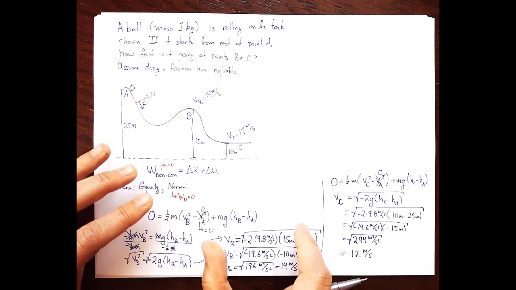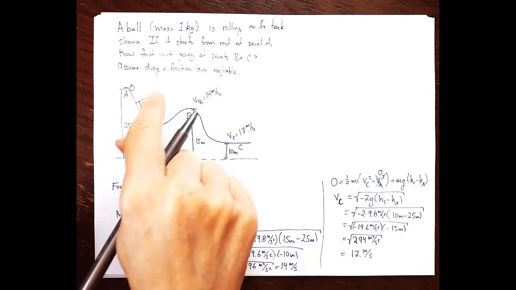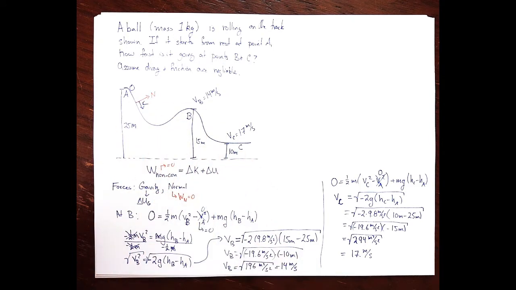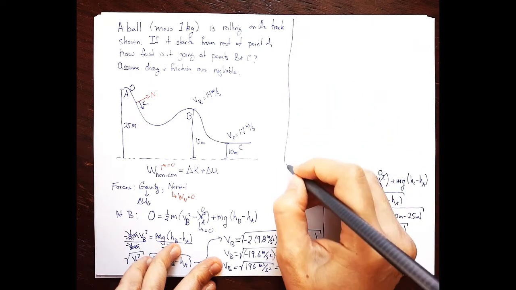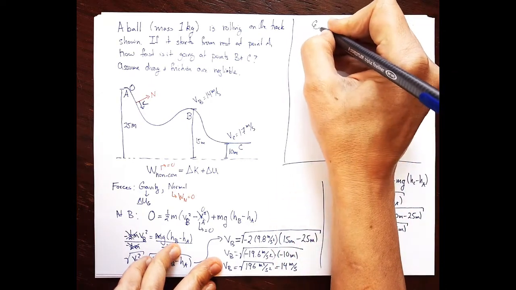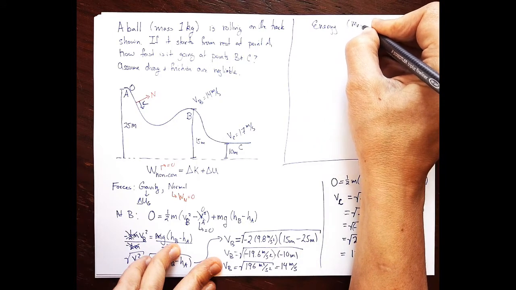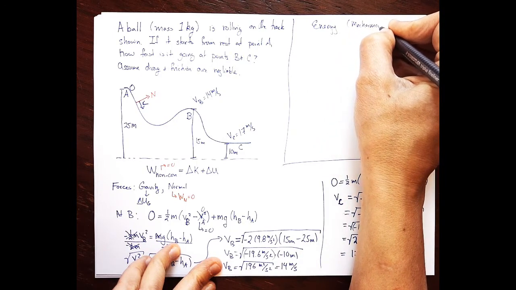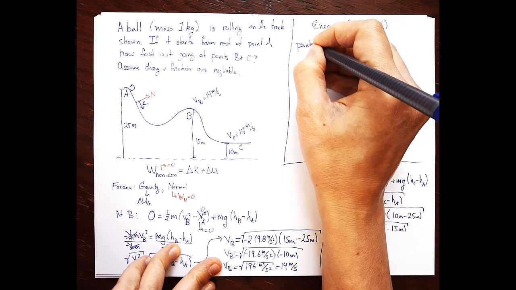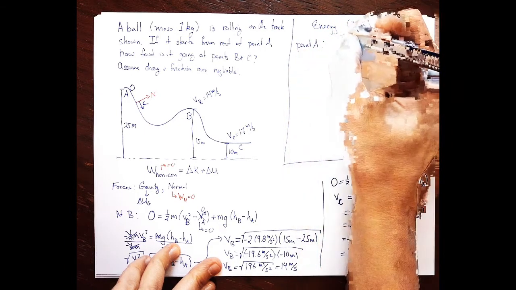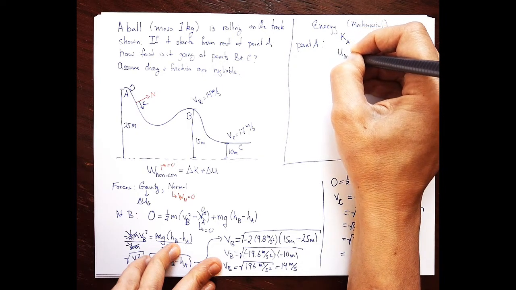But now let's go ahead and look at what's going on with the energy at all the points A, B, and C here. Looking at the energy, and in particular the mechanical energy here. Point A: you can look at its kinetic energy and its potential energy due to gravity.